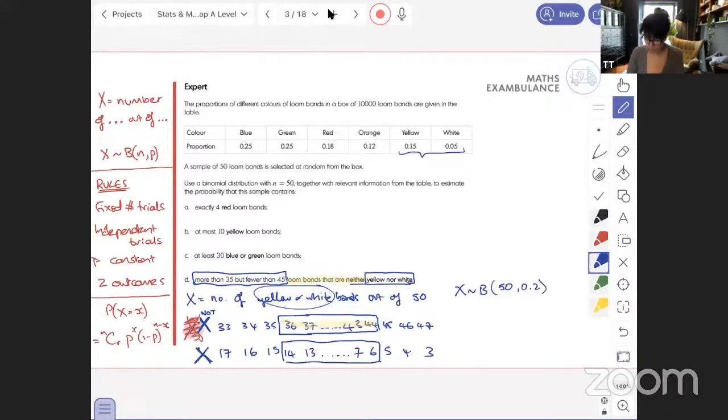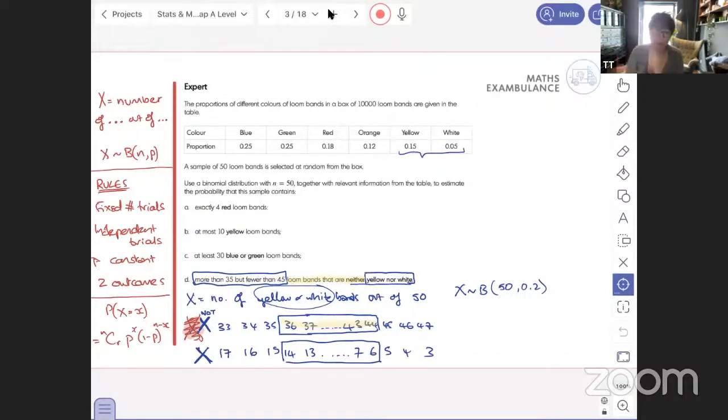I defined X to be the number of yellow whites. The number of yellow whites that I want is between 6 and 14. That is because the number of not yellow whites is between 36 and 44. So the number of yellow whites is between 14 and 6. So this strategy of having the X and the not X underneath each other means that you can then translate the question from one to the other.